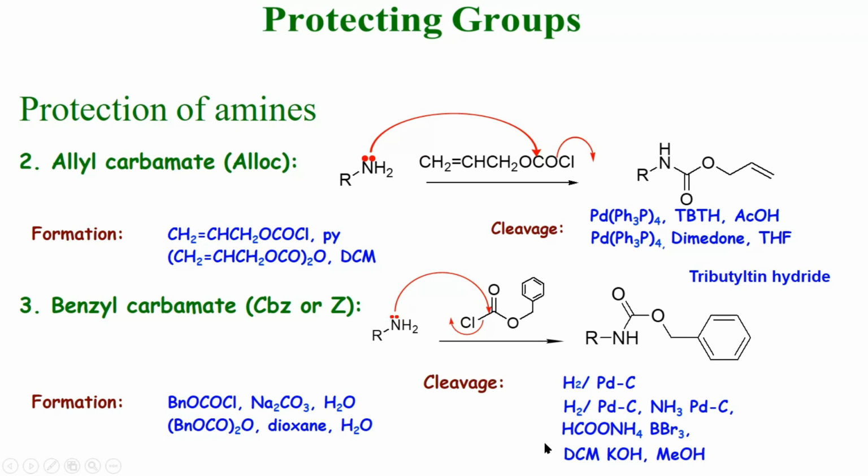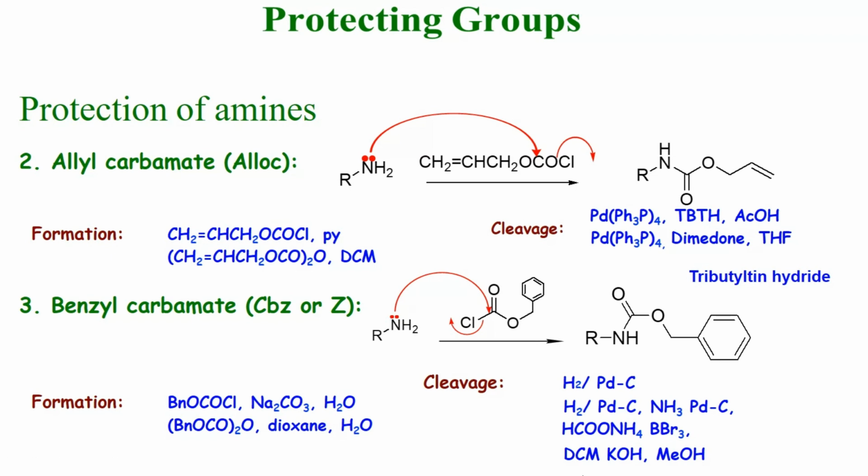They can be reductively cleaved by using hydrogen in the presence of palladium on carbon, and also palladium on carbon in the presence of ammonia. They can be cleaved by using ammonium formate, and by tribromoborane. They can also be cleaved by using a base like potassium hydroxide in the presence of DCM and methanol.